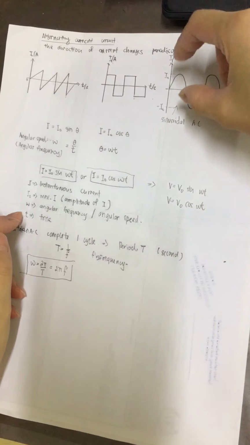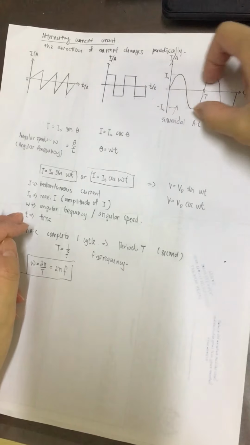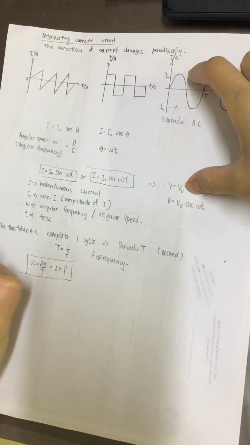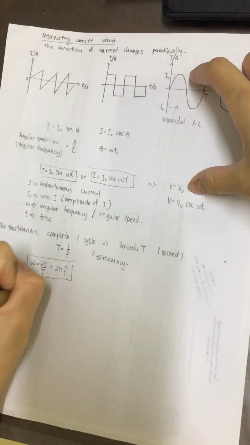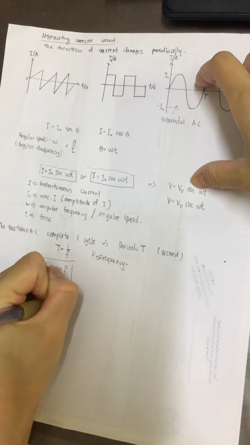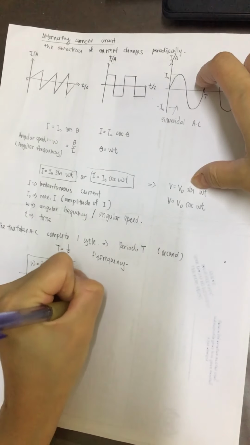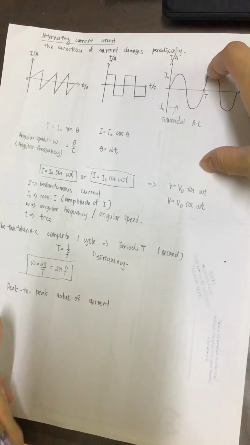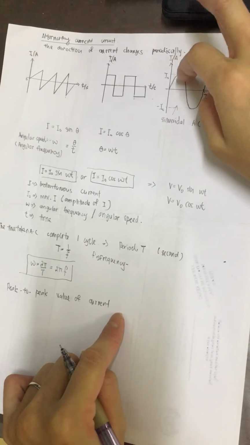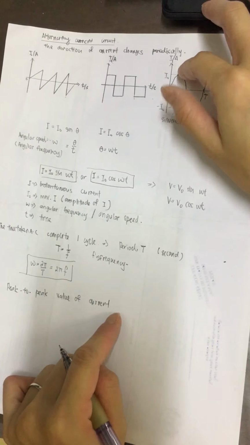So if you refer to this graph, when a question asks you to find the peak to peak value of current, the peak to peak means from the positive amplitude to the negative amplitude.